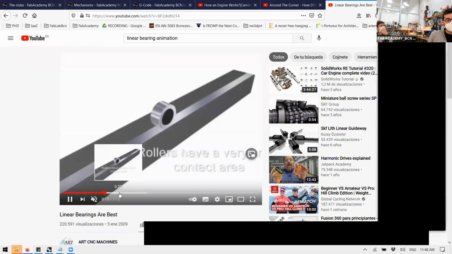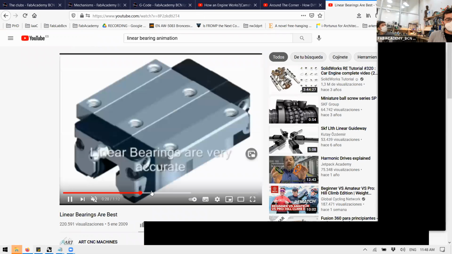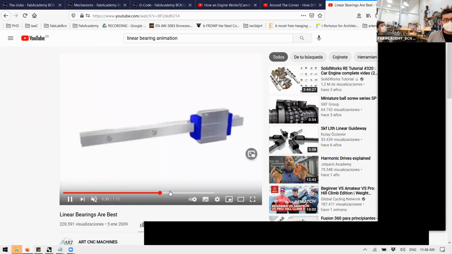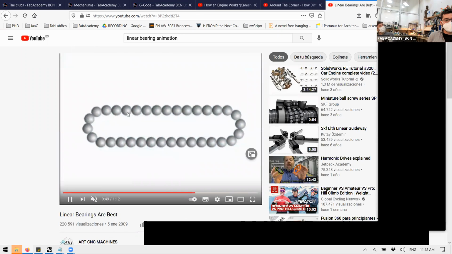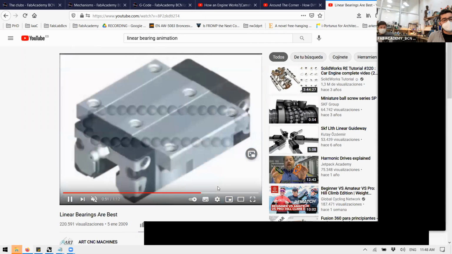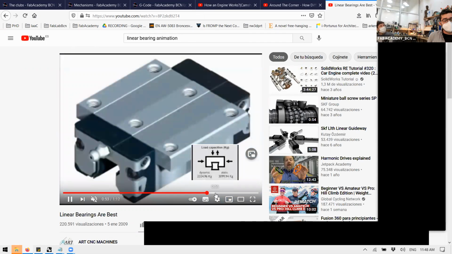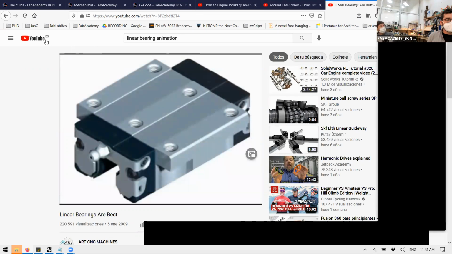This one is more or less the same. Exactly. They could be square or round. These ones are round. Sorry, square, but it's the same concept. It's not a good animation.